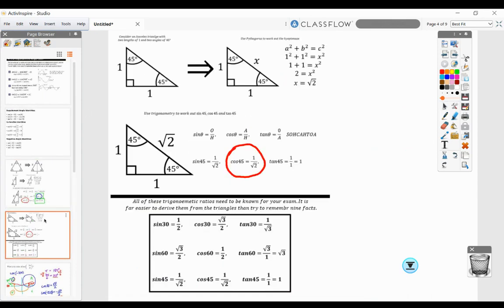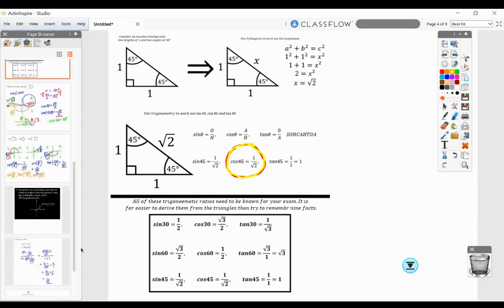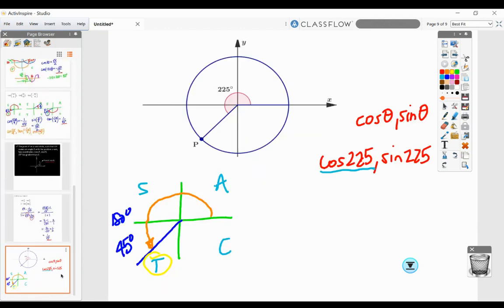So we're looking for cos 45, which is 1 over root 2. But remember, because we ended up in that quadrant, it's negative. So it should be minus 1 over root 2.